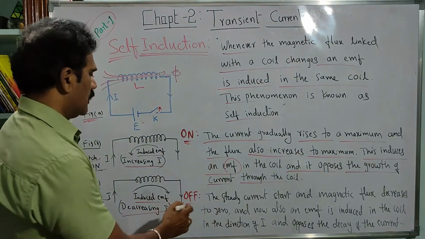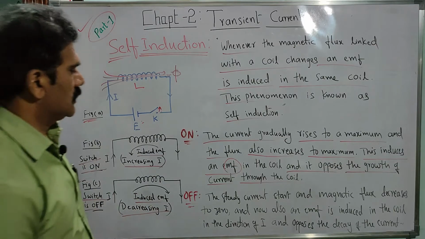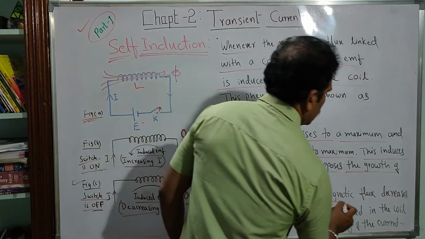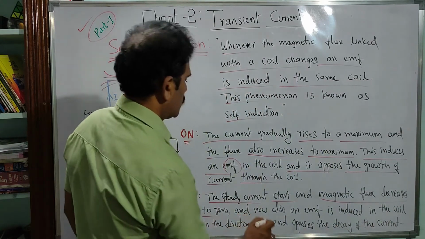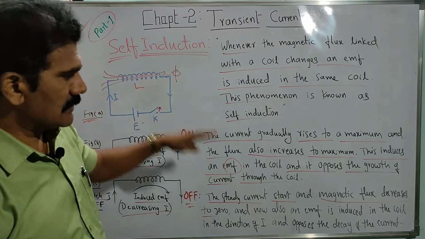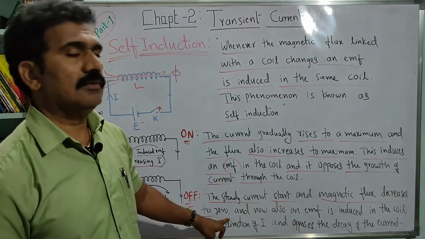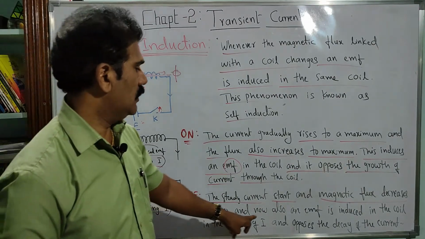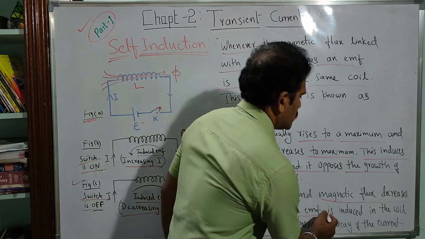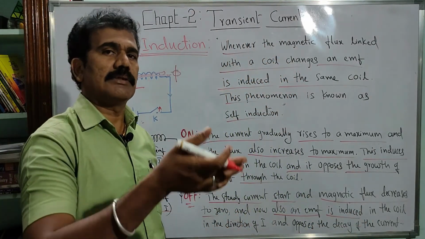Similarly, when the switch is off, during that off position, the steady current starts decreasing and the magnetic flux decreases to 0. Both current and magnetic flux decrease to 0. Now also an EMF is induced, but it is not opposing the growth, it is opposing the decay.